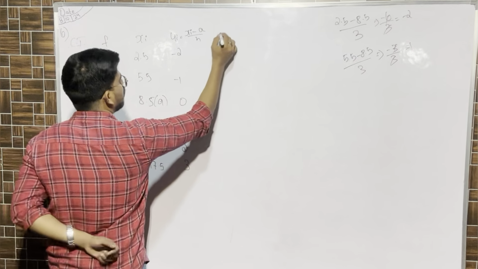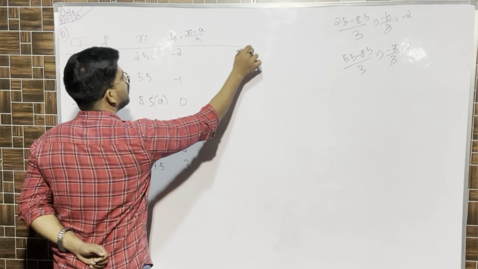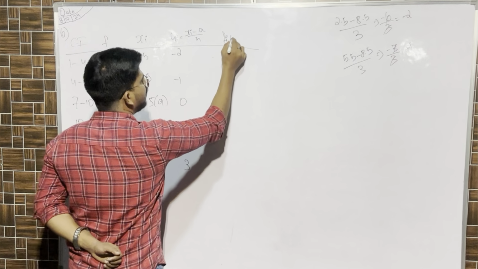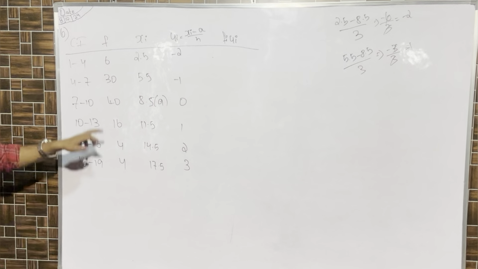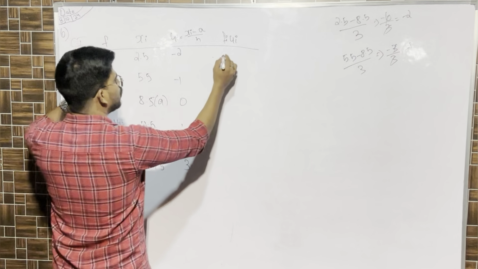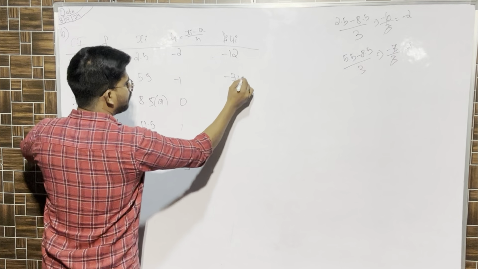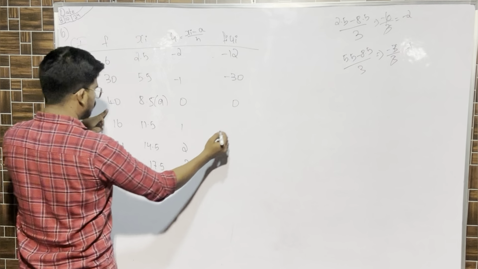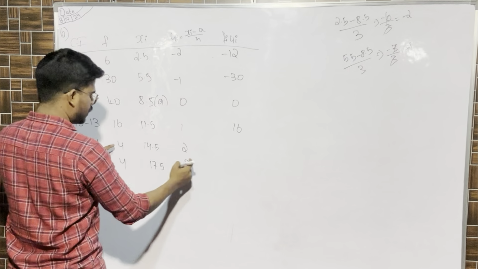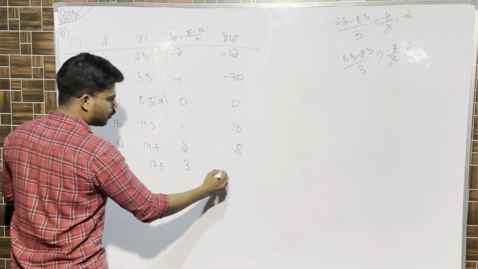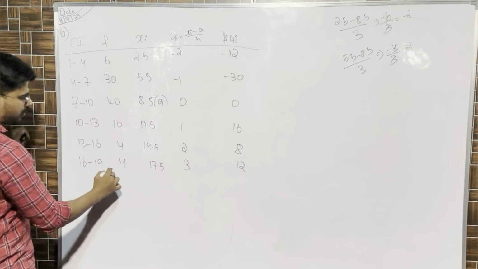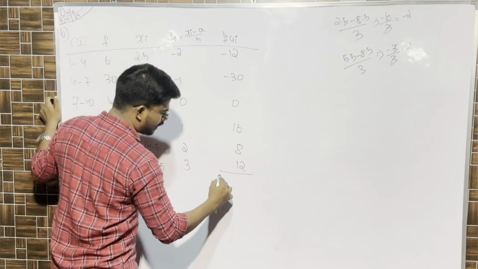Next column is fiui. Multiply fi and ui. 6 into minus 2, minus 12, minus 30, 0, 16, 8, 12. Right. 12 gets cancelled, correct?